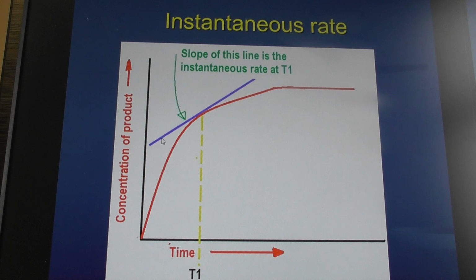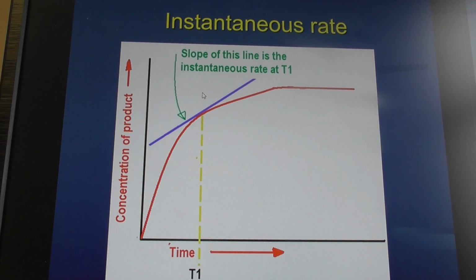An x value from the x-axis, so that'll be some time, and a y value on this axis, which will be some value in terms of the amount of product, and likewise here an x value and a y value. It can be anywhere on the line, as that will give you the slope of the line, and the slope of that line, using y2 minus y1 over x2 minus x1, will give rise to the instantaneous rate at that particular point.